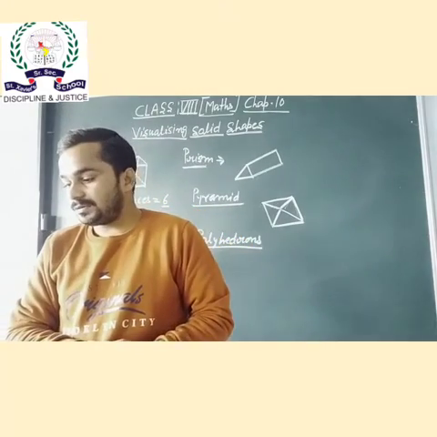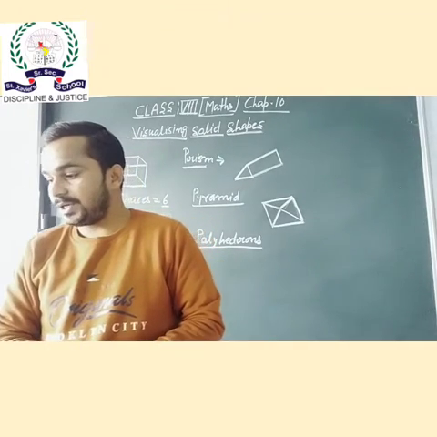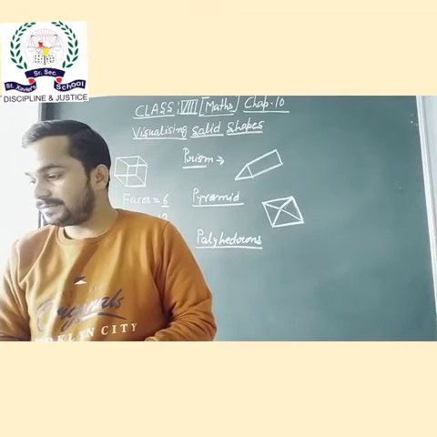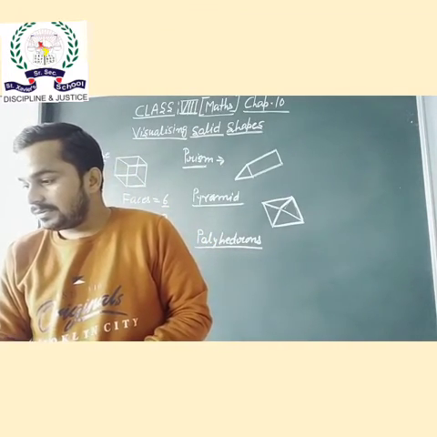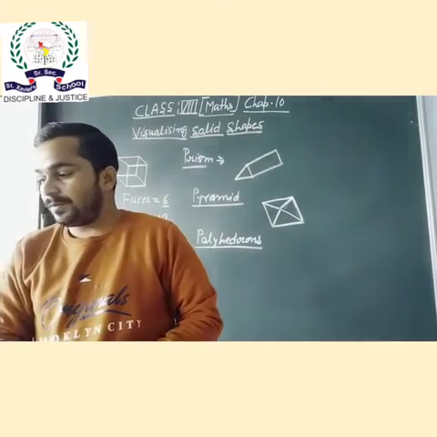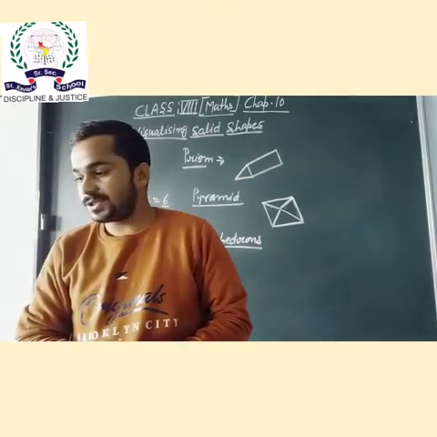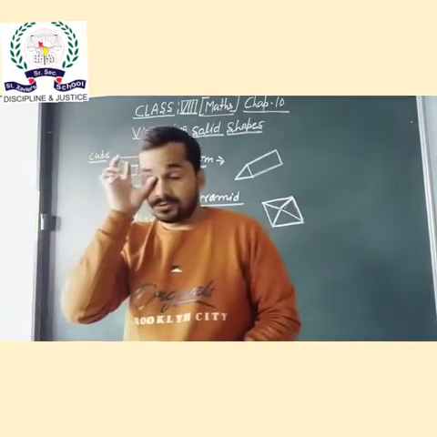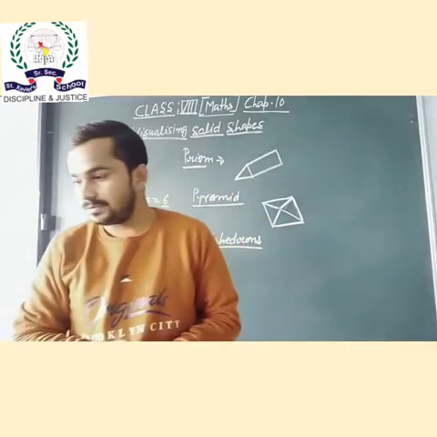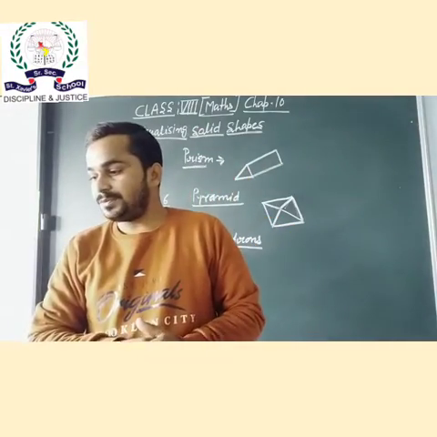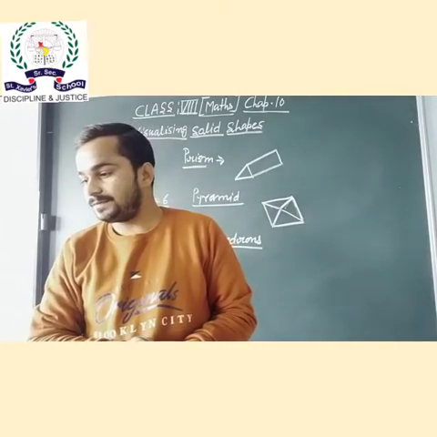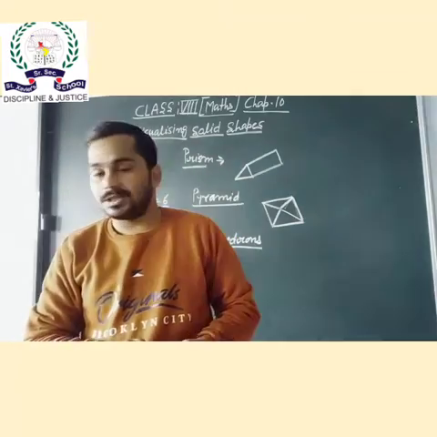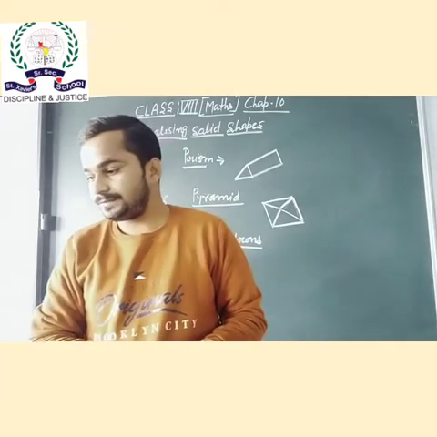But a sphere, cone and cylinder are not polyhedrons, because they are not made of polygons and their faces are not polygons. A cube, cuboid, prism, pyramid, tetrahedron are all examples of polyhedrons.